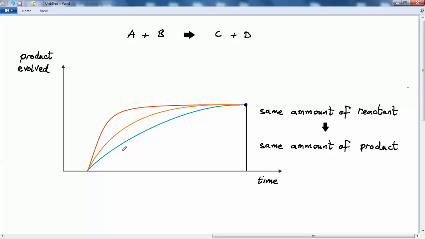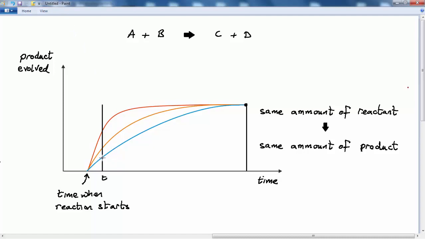Now, what you can see is that the three graphs are very different. We've got the blue, the orange, and the red. And in the case of each graph, the reaction is going at a different rate. So, for example, we could take some time t, let's just say there. Now, I should mention that this is clearly the time when the reaction starts. And at that time t, you can see that the reaction rates are clearly different, because you notice that the slopes of the graphs are different.